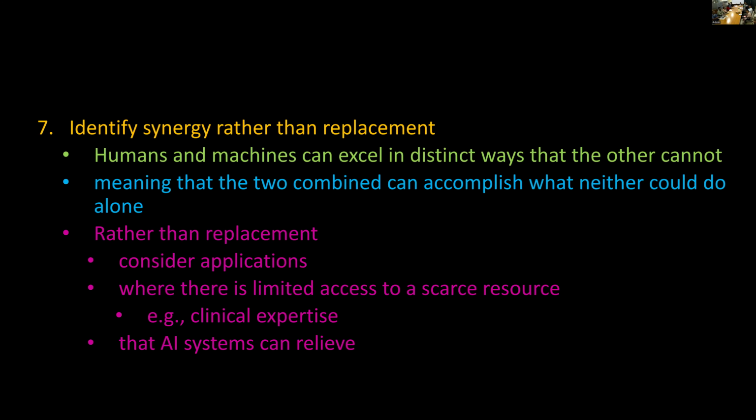Synergy rather than replacement. If you tell a worker in a car factory, we like robots, okay, so what? We train the robot. After some time, you will be kicked out, the robot will replace you. But we don't want that in medicine. We want to look at where AI can augment us. That's why in medicine they now say, don't use the word artificial intelligence, it is augmented intelligence.